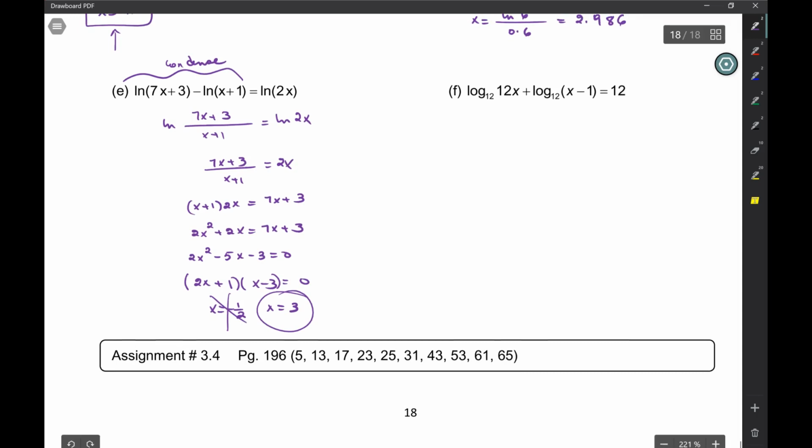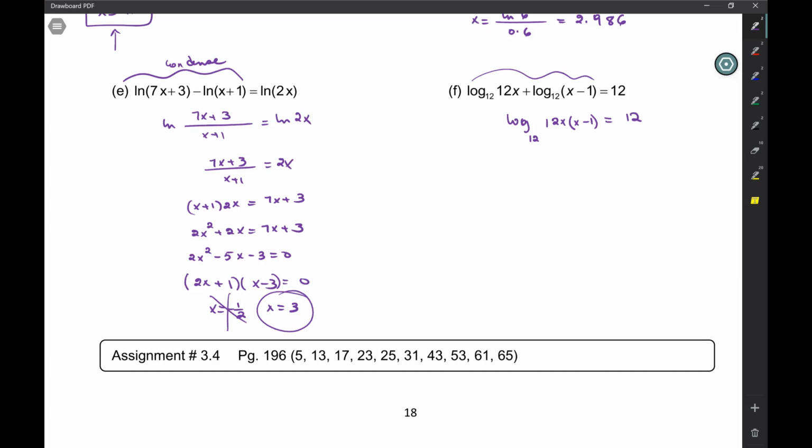Okay. Here we're going to condense again. So I have log base 12. Let's do the factoring later. Yeah, it works. Log base 12 of 12x times x minus 1 is equal to 12. Now, again, you've got a logarithm on one side, a constant on the other side.